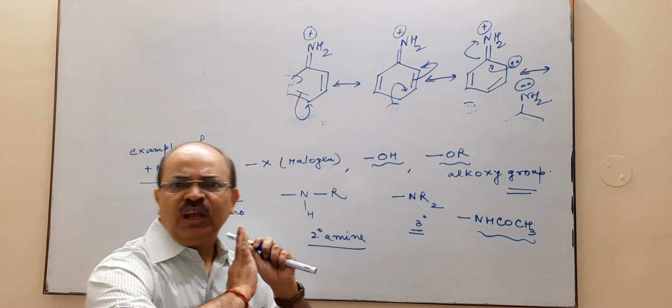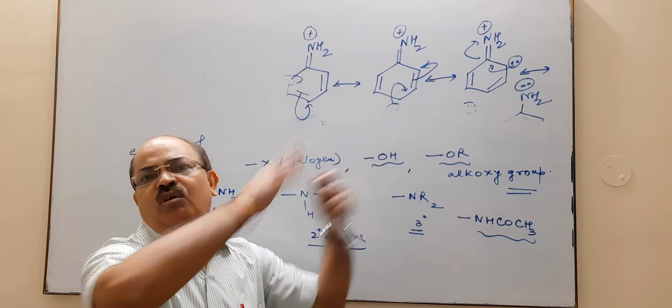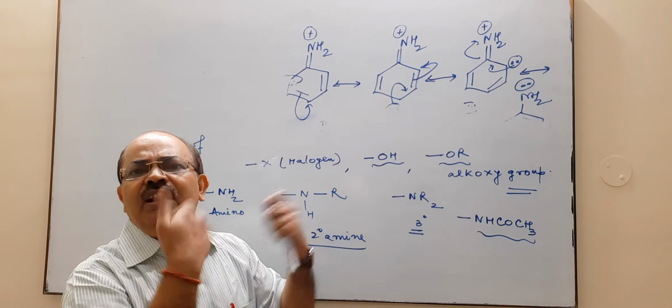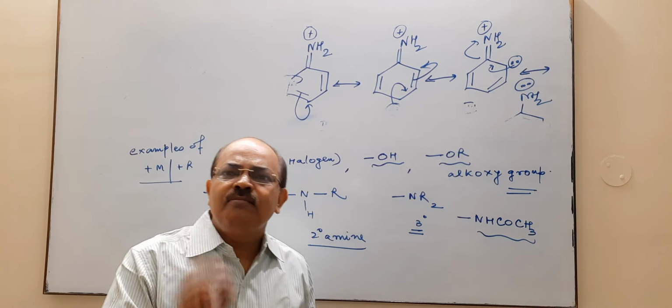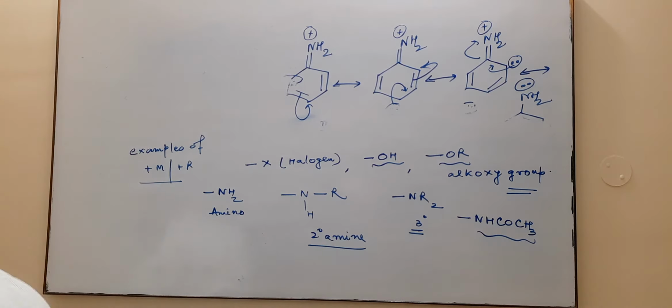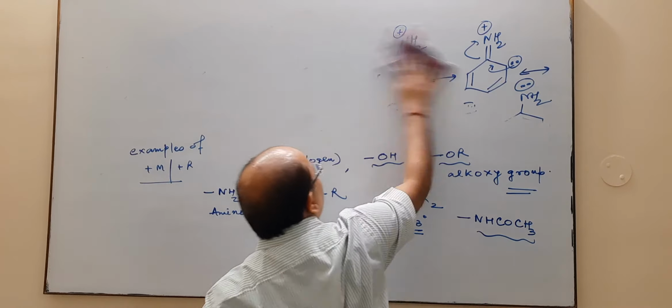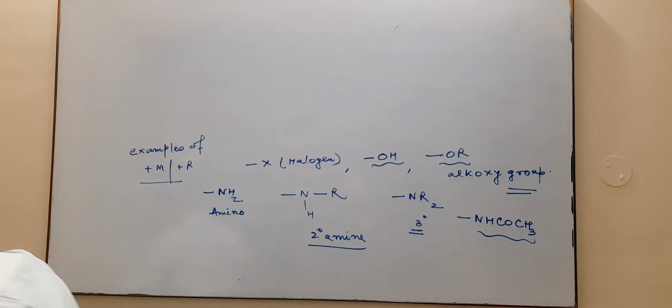Plus M means they will give away the electron pair, they will not withdraw the electron pair, they will give away the electron pair. That's why they are of plus M or plus R character. Now what are the different examples of minus M or minus R?